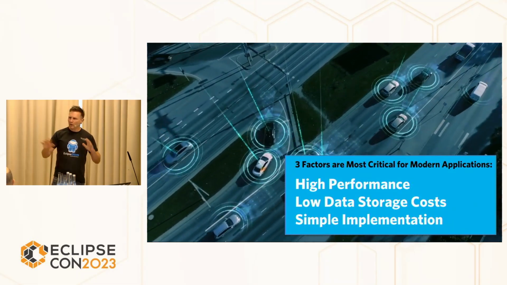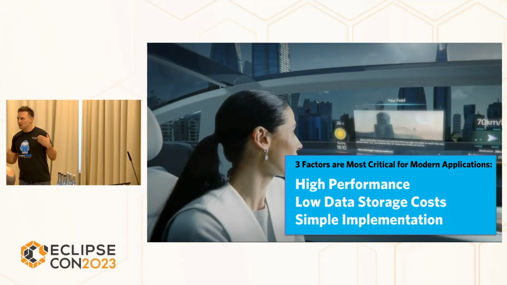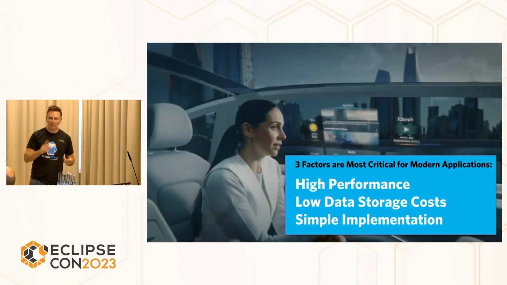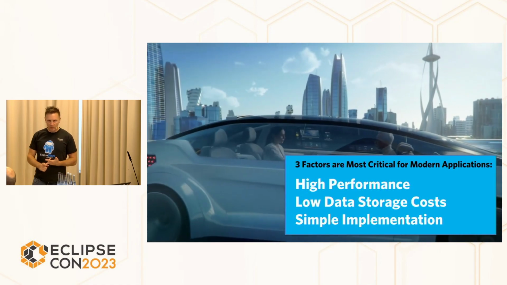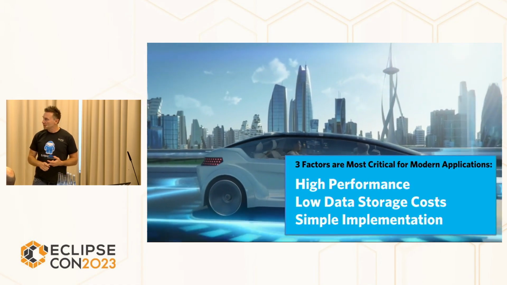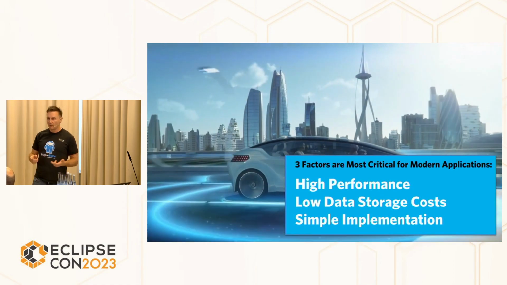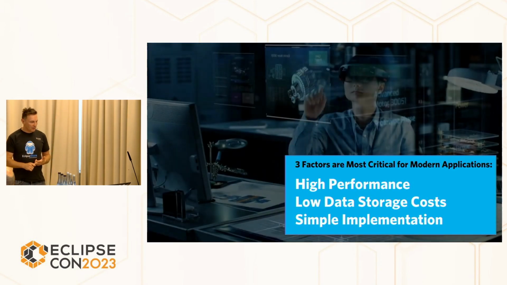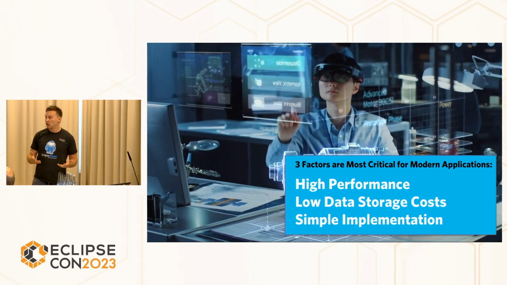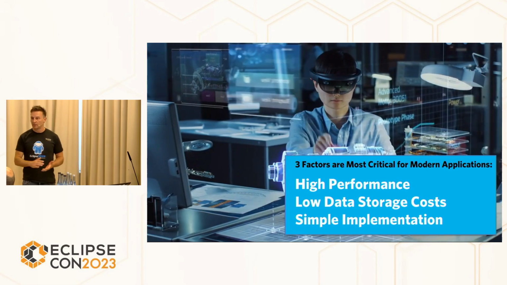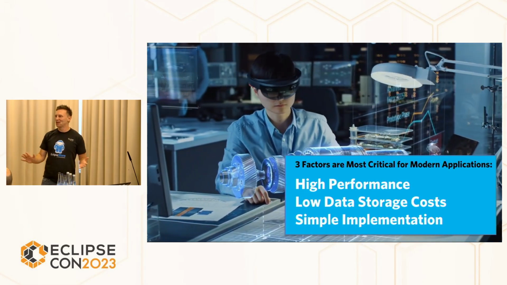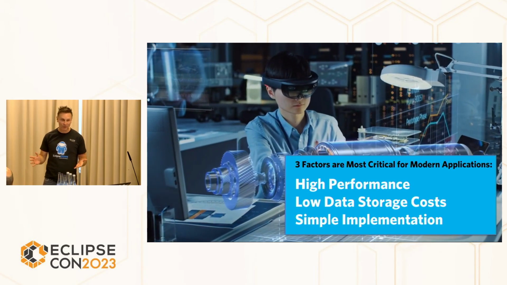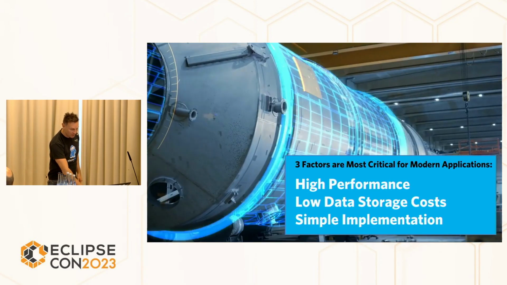And for all of these nice, fancy, modern applications, there are three critical factors. The best possible performance, so we need high performance. We want to have low data storage costs and simple implementation for a faster time to market. These factors are obvious, so everybody wants best possible performance, right? And low data storage costs.